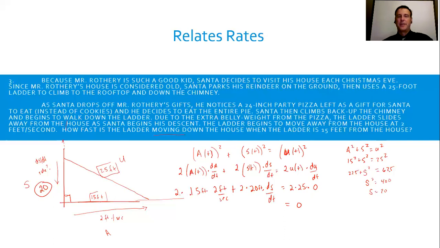Okay, so if I multiply these, 2 times 15 is 30, and that's 60 feet squared, I believe, per second. And this is plus 40 feet ds dt. Okay, and I gotta solve for this ds dt, so I'm gonna move that 60 to the other side.